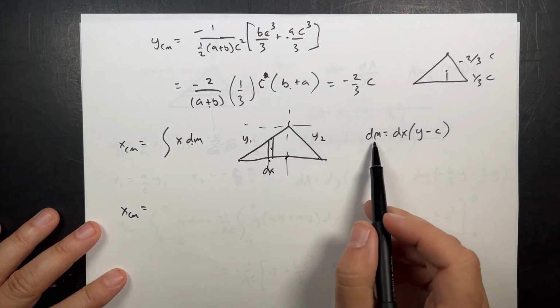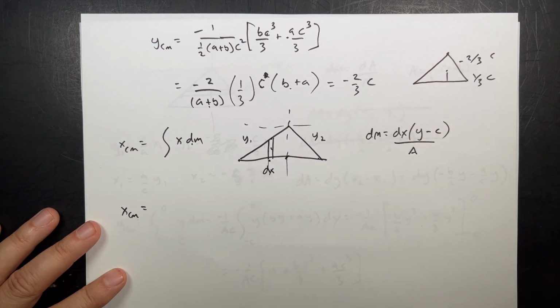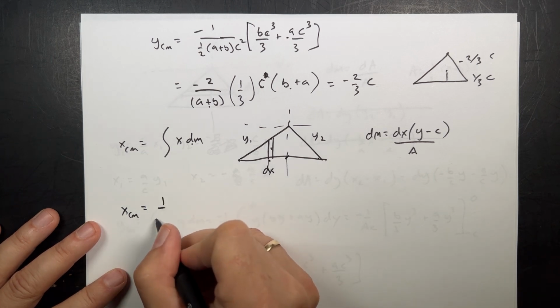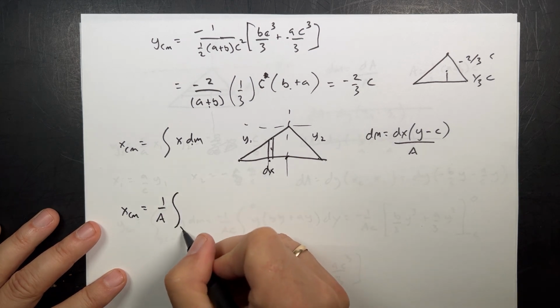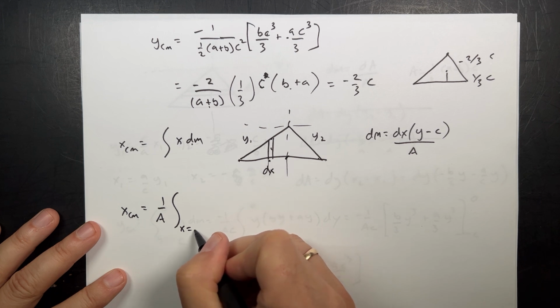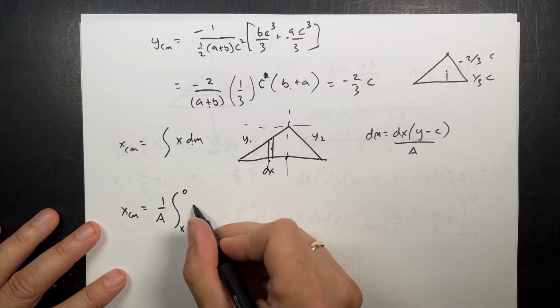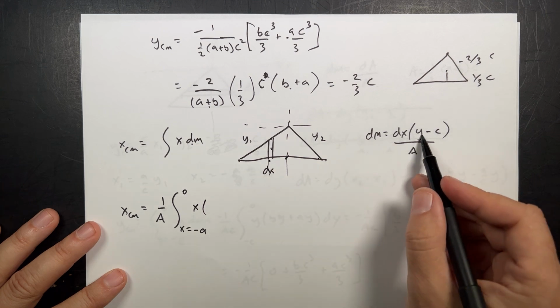So my dm, actually this is over a. They're still over that a. So I have 1 over a times the integral from x equals negative a to 0 of x times y1 minus c.